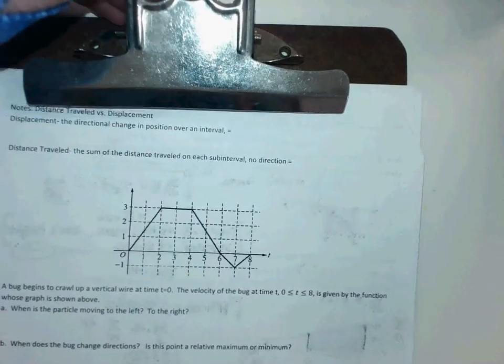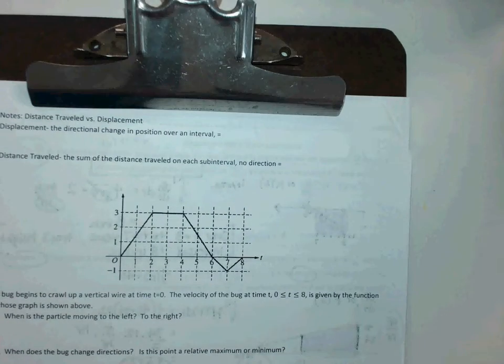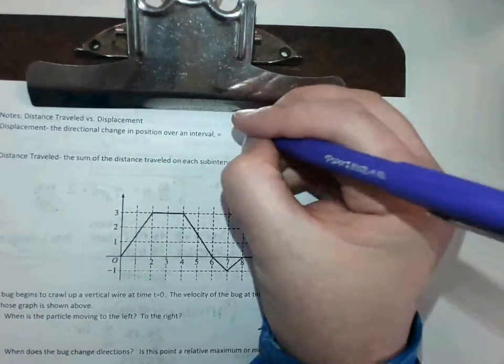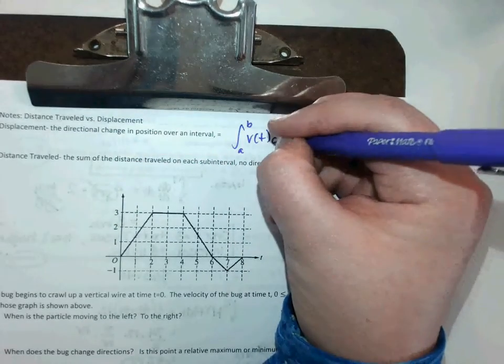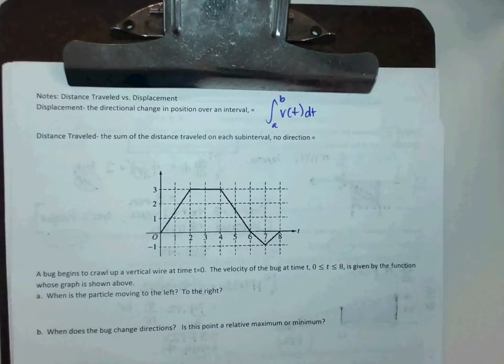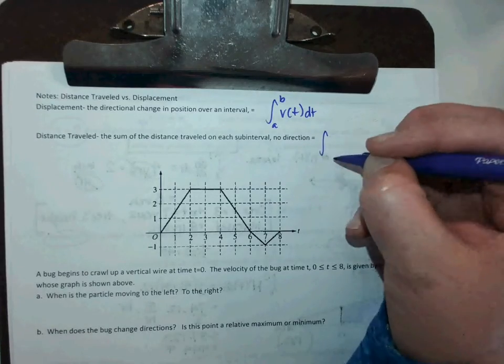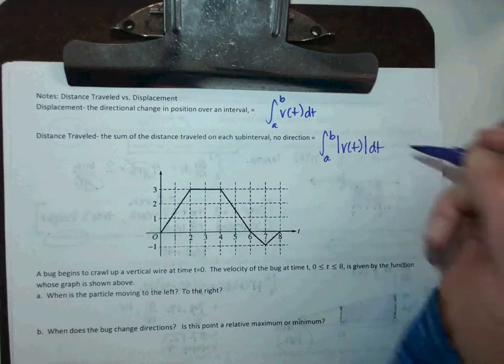So here is the difference at the top here. When you want displacement, you are going to do a regular integral of velocity over the time that you care about from A to B. How can I take my integral and make it always positive? What symbol means that? Absolute value of velocity.